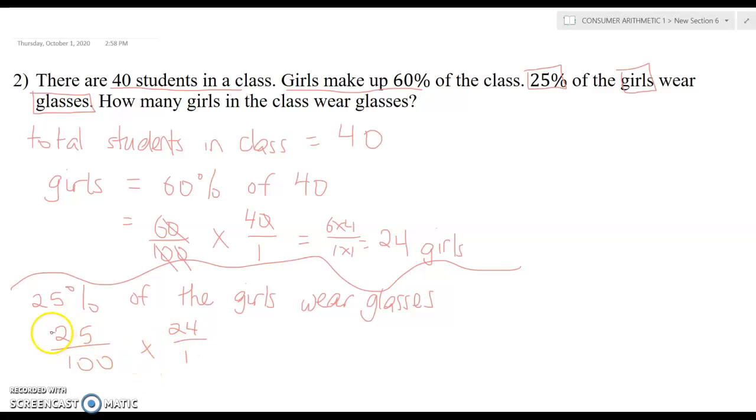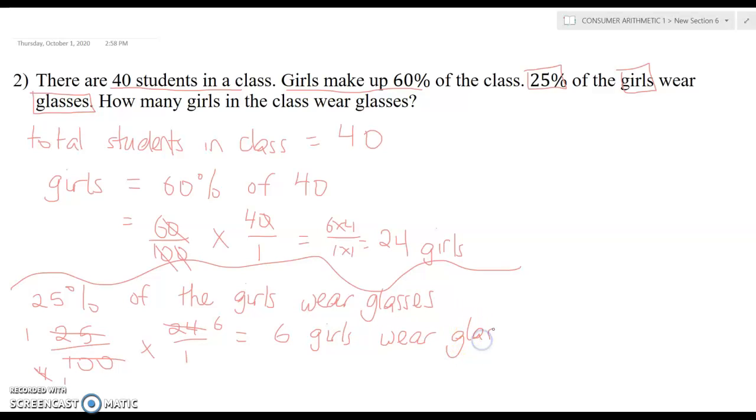And then I simplify, 25 can go into 25 one time, 25 can go into 100 4 times. Then we could say 4 into 4, 1, and 4 could go into 24 6 times. So when you simplify and multiply, we remain with 6 girls who wear glasses.